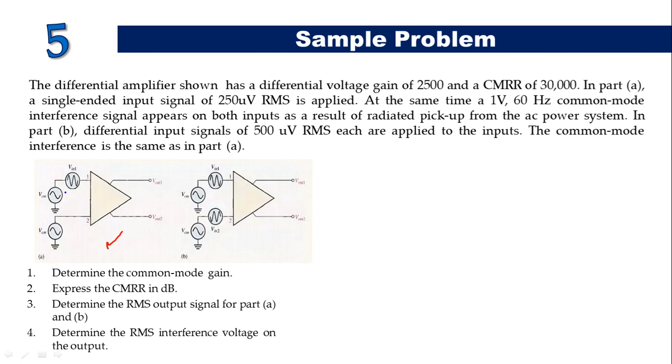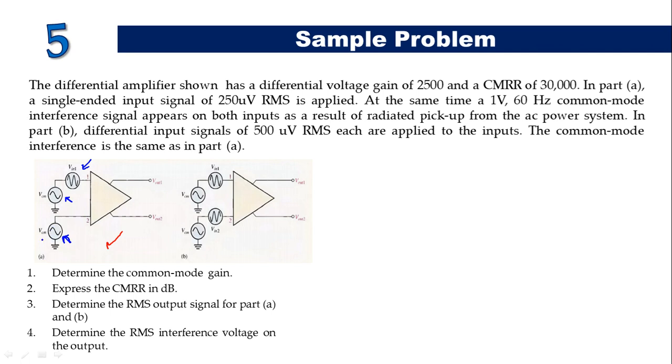So, yan. So, sa part A, meron daw tayong input signal. Yan. Pero single-ended. No? Ibig sabihin, yung isa lang yung merong input. Then, meron tayong parehas na noise dyan or unwanted signal sa dalawang inputs natin. So, sa 1, ang pumapasok pala dyan is yung ating desired signal plus yung ating common mode or yung interference. Sa second input, ang pumapasok sa atin dyan, yung noise lang.